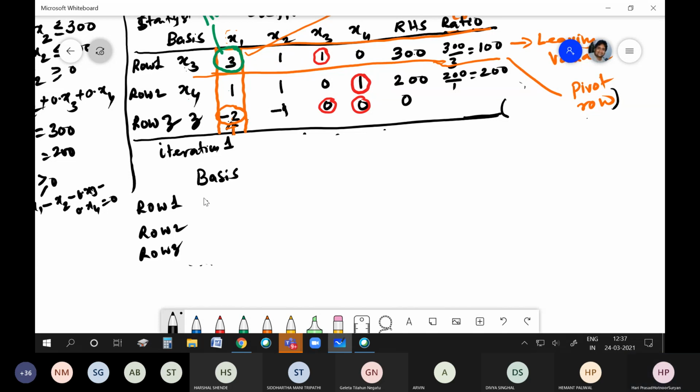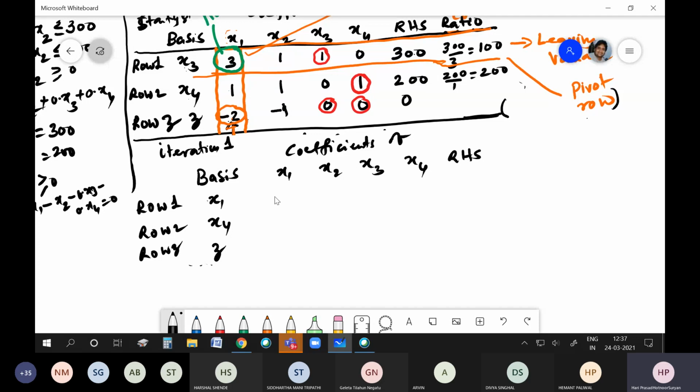X1. What will be the basic variable corresponding to row 1? X1. Then for row 2, it is X4 only. For row Z we will write Z. Then the coefficients of X1, X2, X3, X4 and RHS.